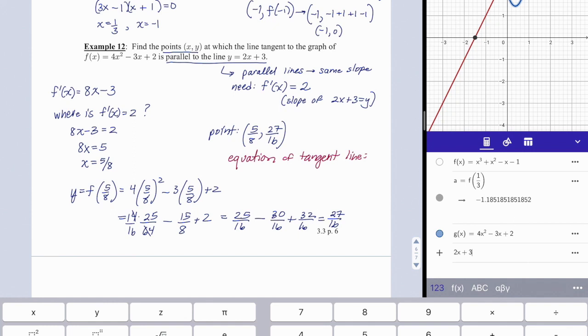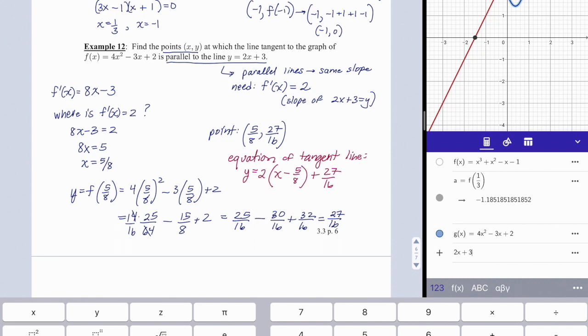So for equations of tangent lines, we do y equals the derivative, which we think is supposed to be 2, times x minus the x coordinate, plus the y coordinate. So if we've done everything correctly, the tangent line at that point 5/8, 27/16 that we just built is going to be parallel to this line.